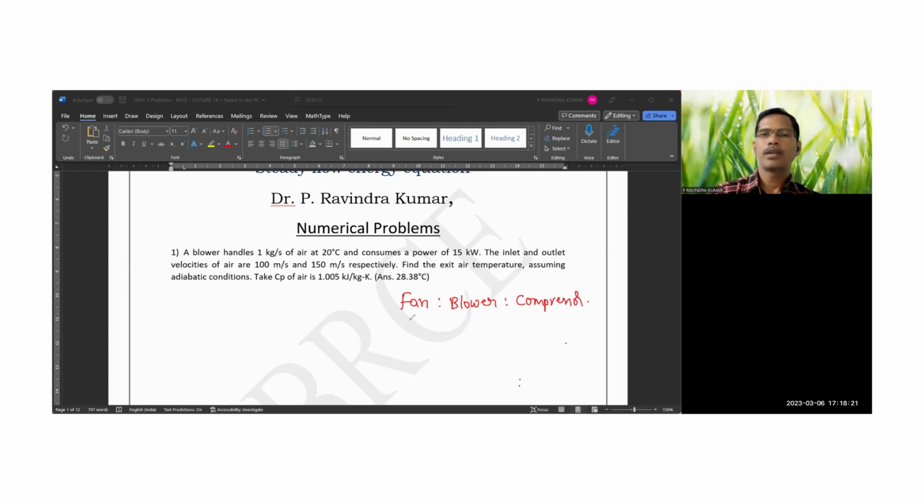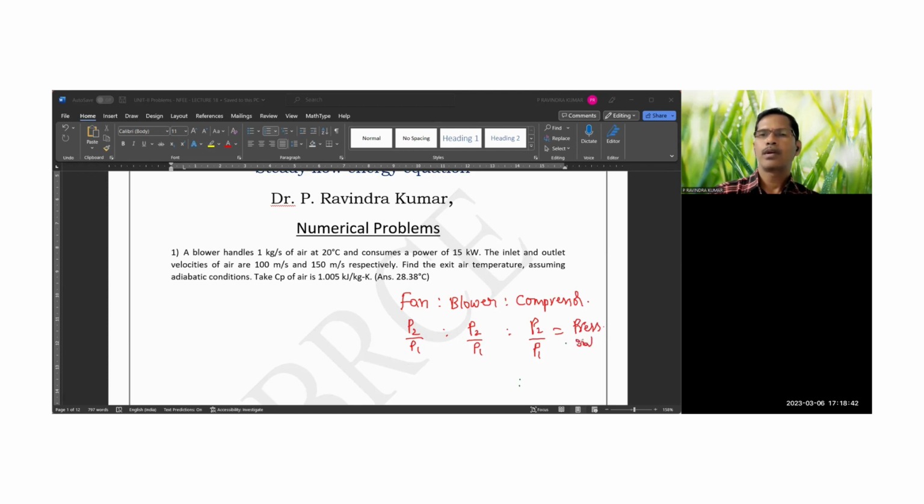In all the cases, the pressure ratio is outlet pressure by inlet pressure. So for the blower it is P2 by P1, and in a compressor the pressure ratio is also P2 by P1. All this you can call a pressure ratio.